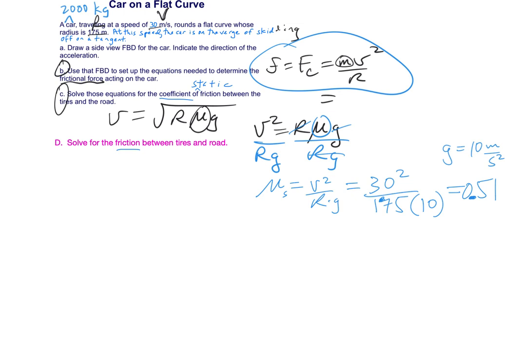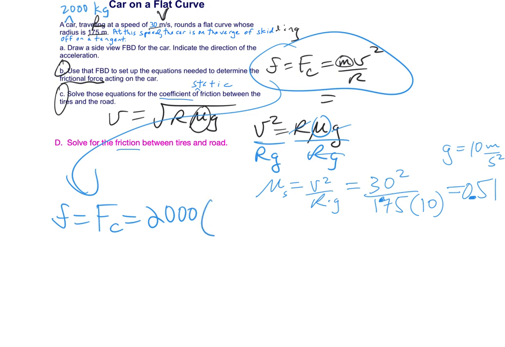So the friction, like I did up here, would equal the centripetal force, which equals the mass, 2,000, times V, 30 squared, divided by the radius.